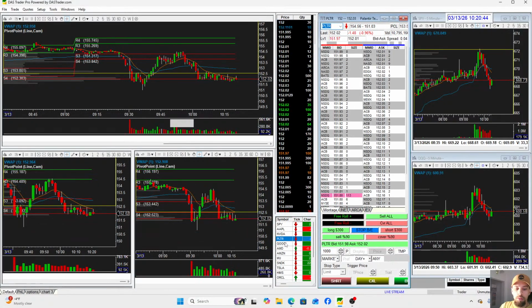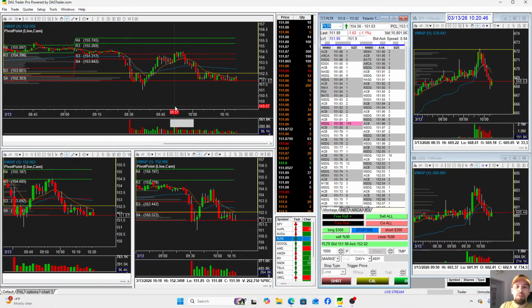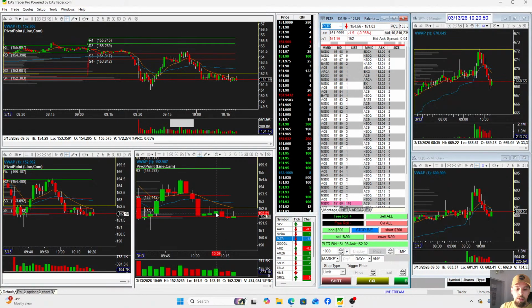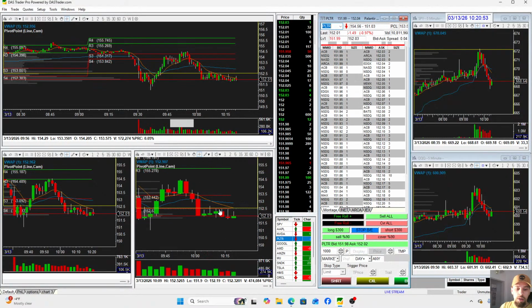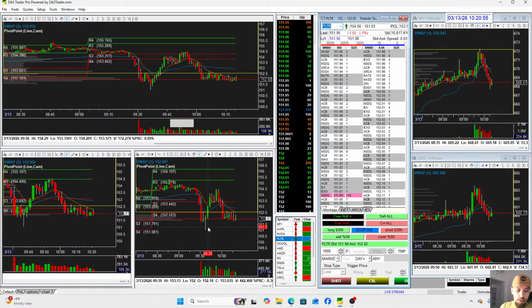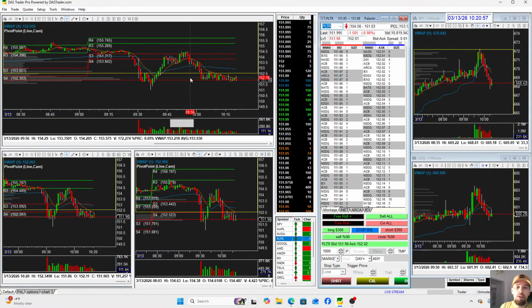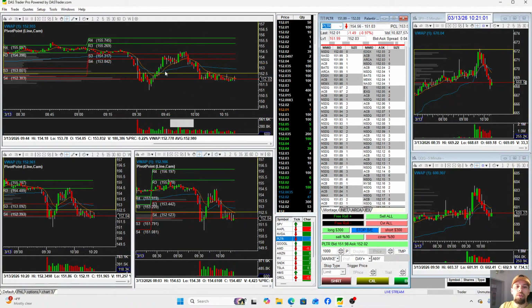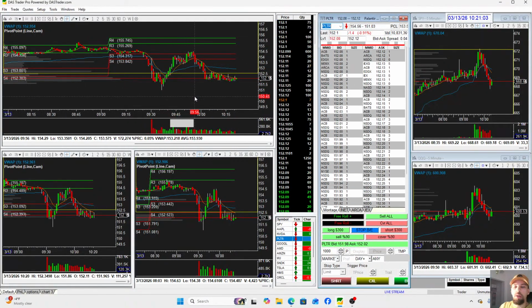Nvidia seems like it wants to pull back. Oh, PLTR. This looks interesting. Look at this, bouncing right off the box. PLTR is only down 1%, so it hasn't really moved a whole lot on the day.